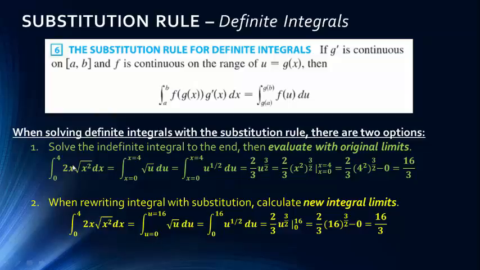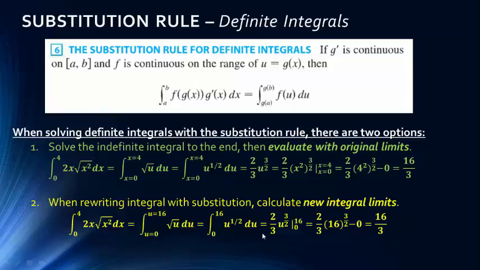When x equals 4, then 4 squared is 16. So another way I can evaluate this original chain rule integral after the substitution is to change the limits using my u substitution, in this case u equals x squared.